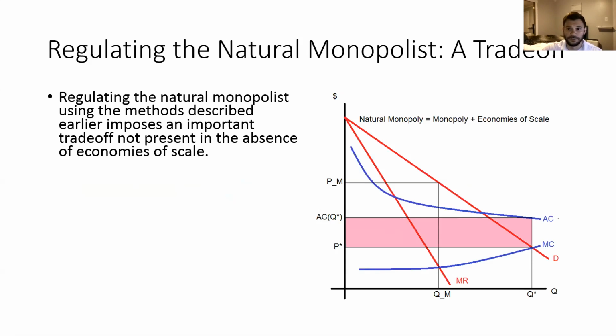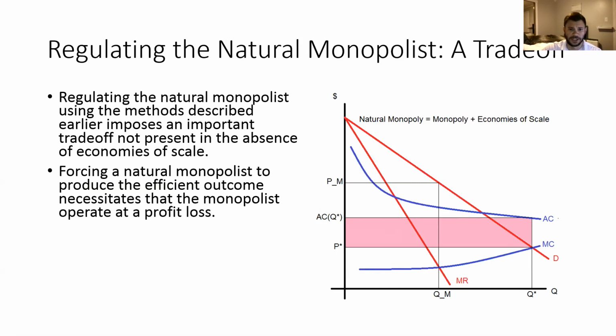So if we do force the monopolist to produce this output level Q star, then we go up to the demand curve, and that supports a price of P star. That's like our competitive equilibrium in this market if the marginal cost curve, again, was the supply curve. And notice at a quantity produced of Q star, if we go up to the average cost curve, which is above the marginal cost curve, we see the average cost is well above the price.